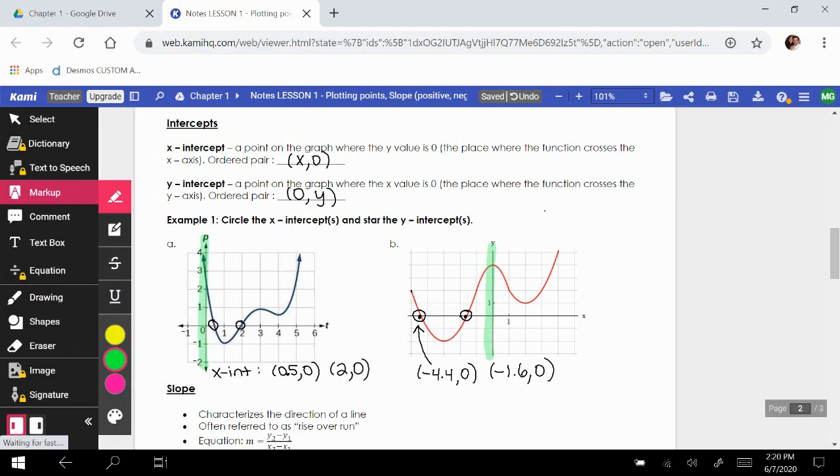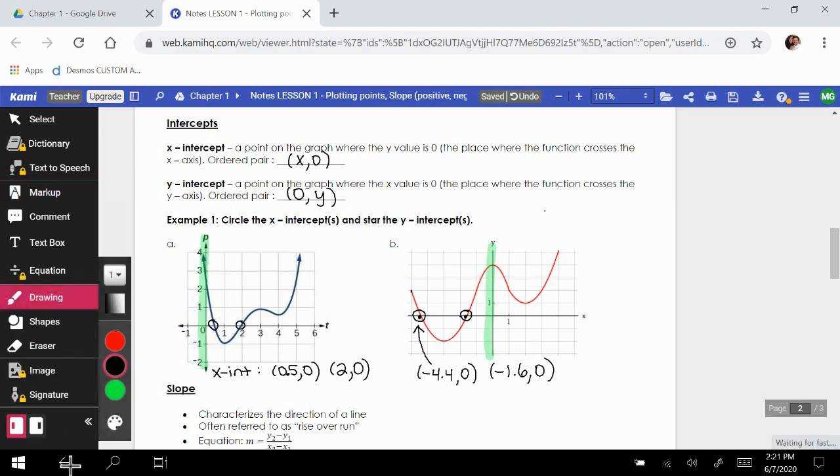Let's go ahead and star the y-intercepts. It looks like it crosses the y-axis right here in the first picture, and it crosses the y-axis right here in the second picture.